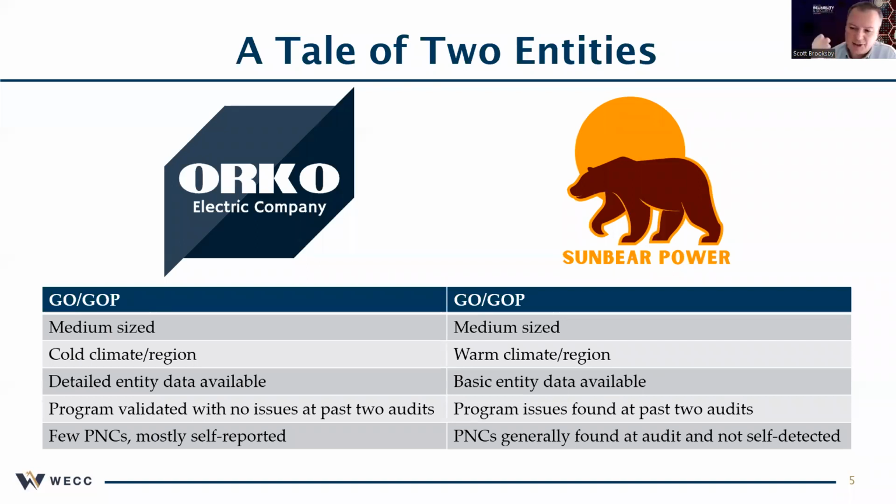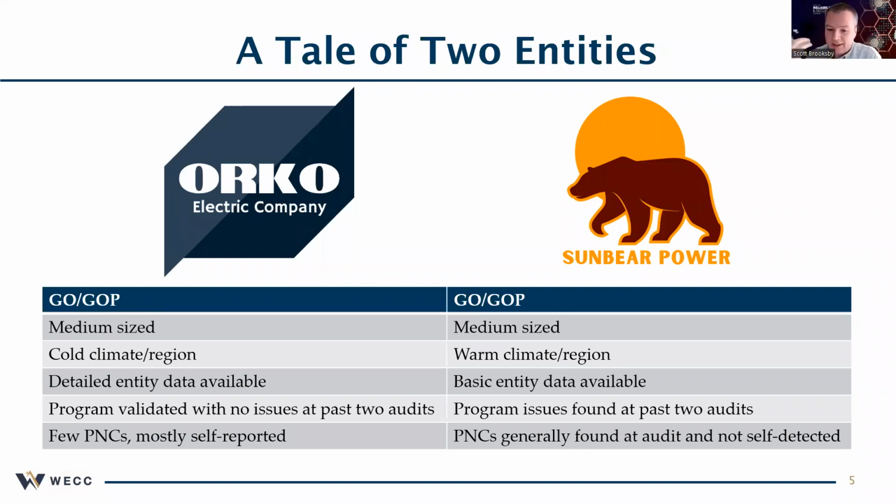Now, these next three get into the performance side of it. Orco has a tendency to give WEC very detailed entity data. Back to that slide before, the entity profile we have for Orco is more fulsome. They've been more forthcoming, they've given us more of their controls, and we know more of their program through our engagements. Whereas Sun Bear is usually lighter on what they've given us, or it's not as mature, or maybe weaker. We have audited both entities.